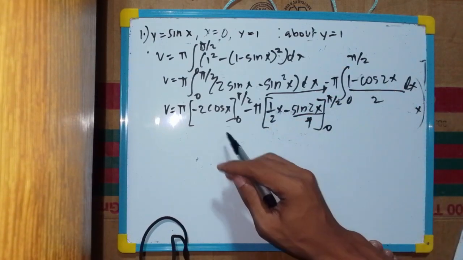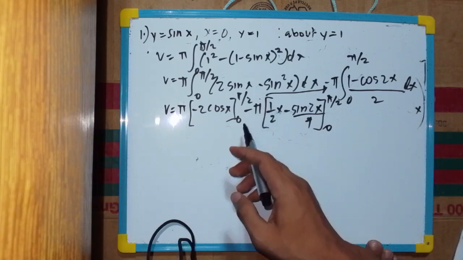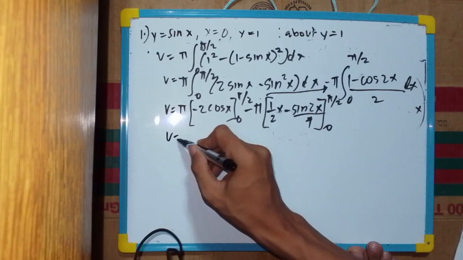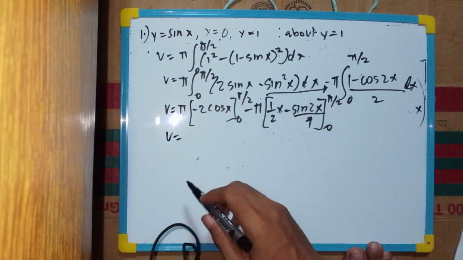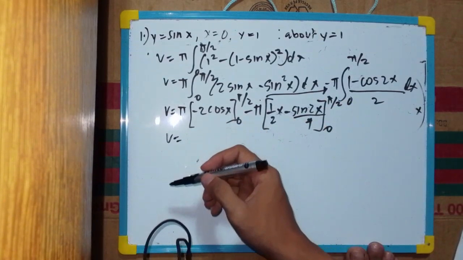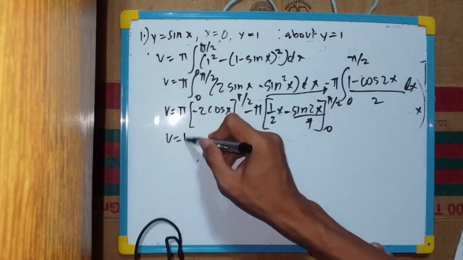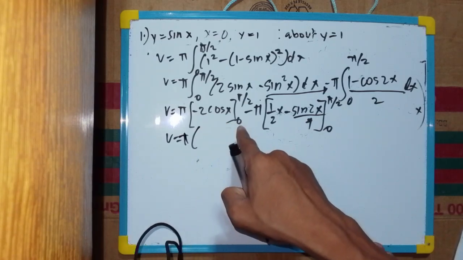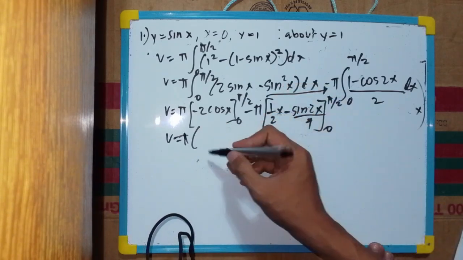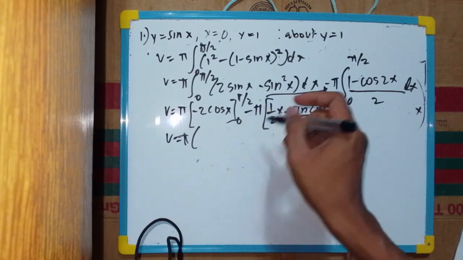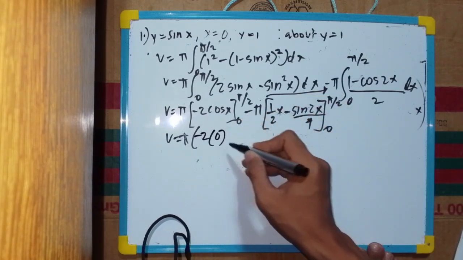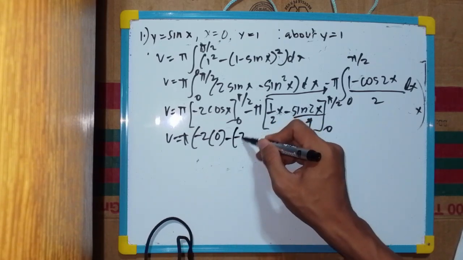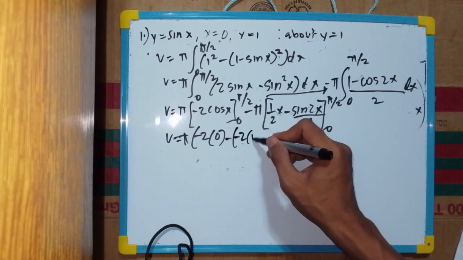So substituting the limits of integration, pi over 2 and 0, we have pi times negative 2 cosine pi over 2, and cosine pi over 2 is 0, minus negative 2 cosine 0, and cosine 0 is 1.